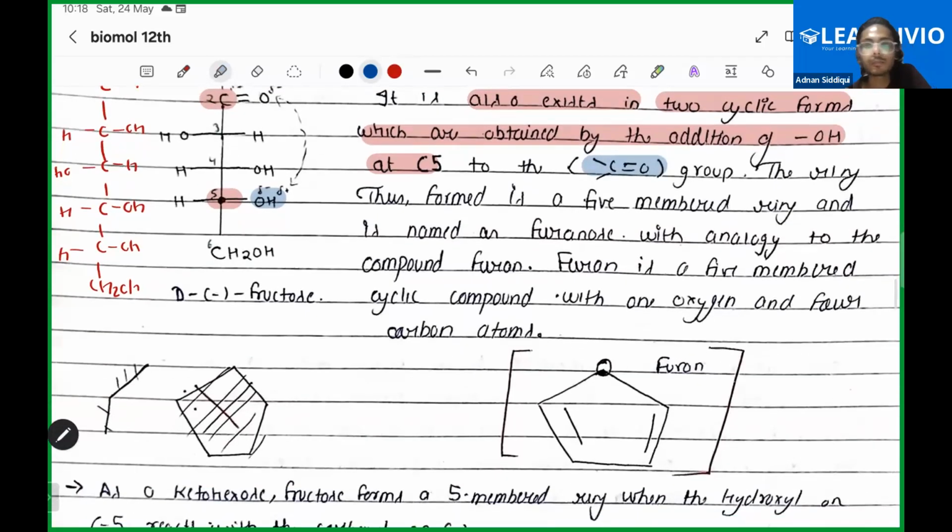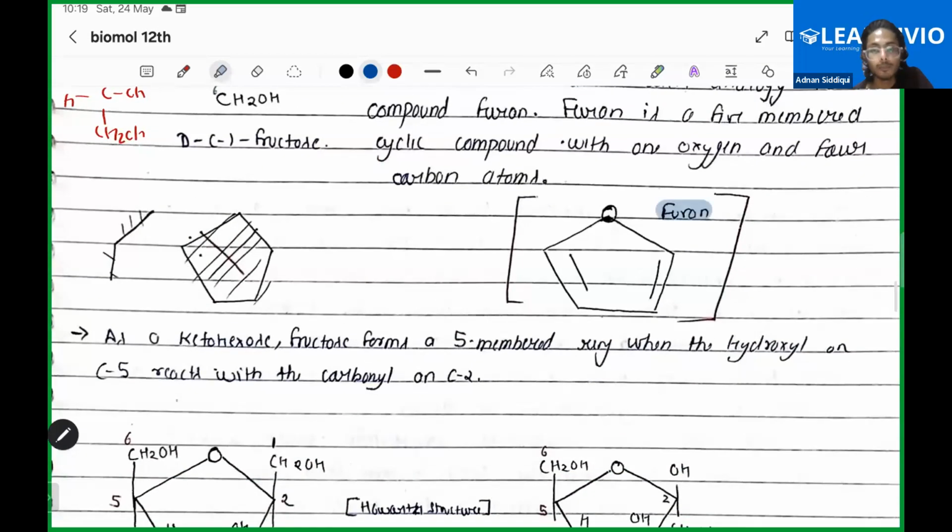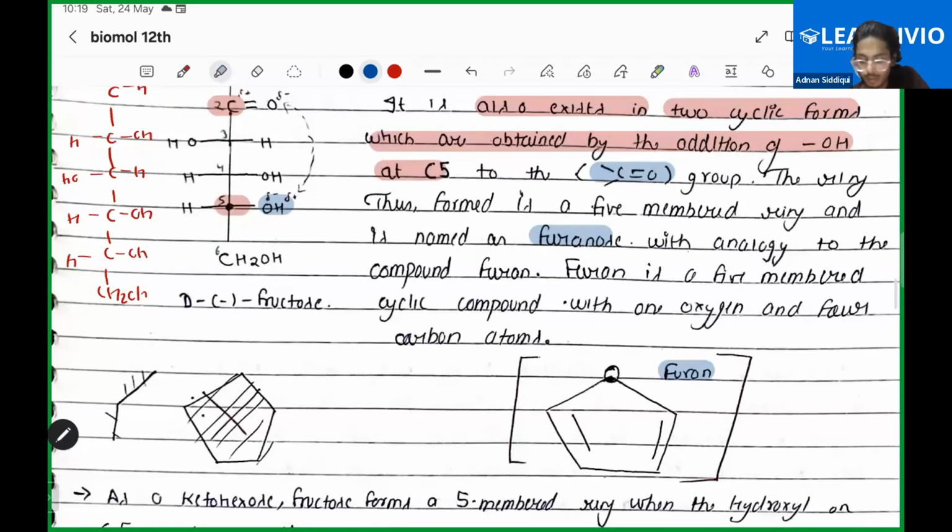The ring thus formed is a 5-member ring and is named furanose. This is how furan looks. With reference to this furan, we name this furanose. Furan is a 5-member ring cyclic compound with 1 oxygen and 4 carbons.